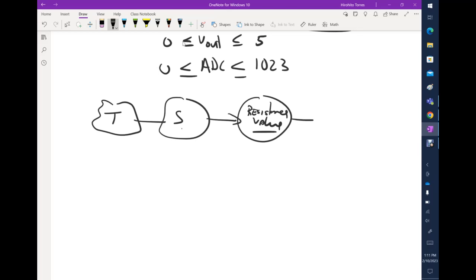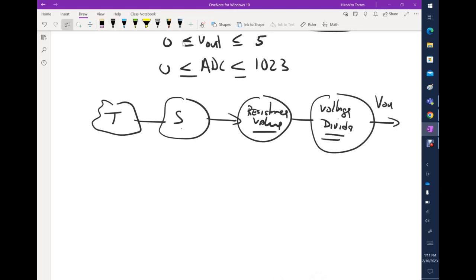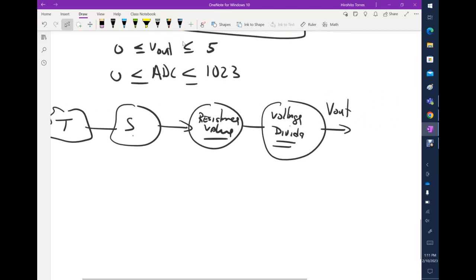If that's the case, you end up using a voltage divider to convert that into voltage, which we call V out, and that voltage divider is set in such a way that the voltage is limited between 0 and 5 volts, because that limitation comes from the Arduino. If the temperature changes, the sensor measures resistance through this voltage divider, then you get V out going to the analog pin A0 or whatever.